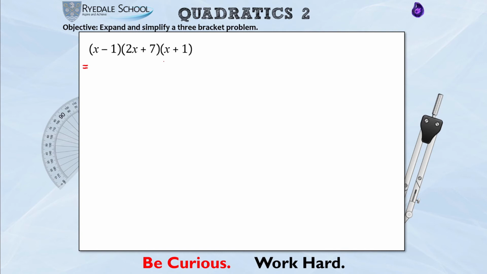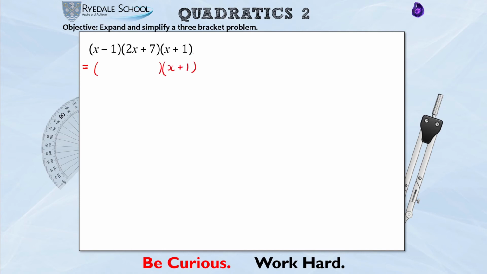So I'm still going to look at it now the normal way, where I'm doing the first two brackets first. Okay? So I've brought in an extra number here just to make things a little bit more tricky. I don't think there's any extra numbers in the questions that you're going to try for me today, but we'll have a look at this one anyway.